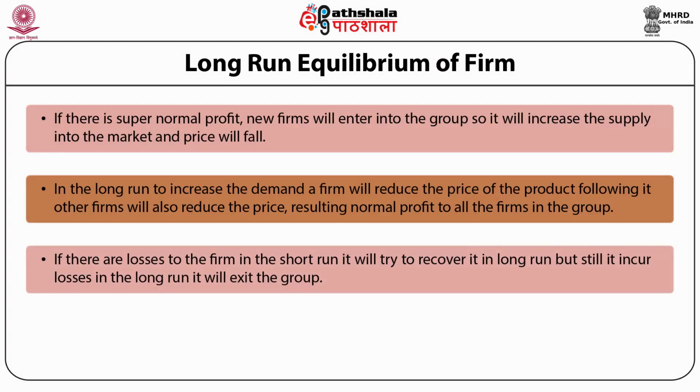If there are losses to the firm in the short run, it will try to recover them in the long run, but if it still incurs losses in the long run, it will exit the group. So, in monopolistic competition, each firm earns normal profit in the long run, that is, AR is equal to LAC.